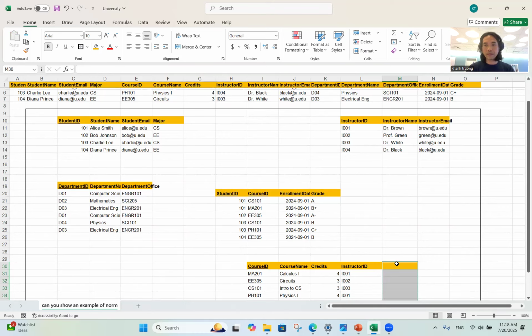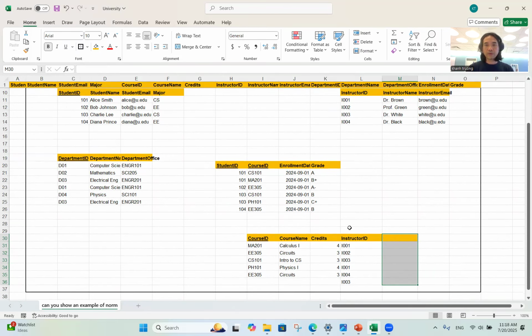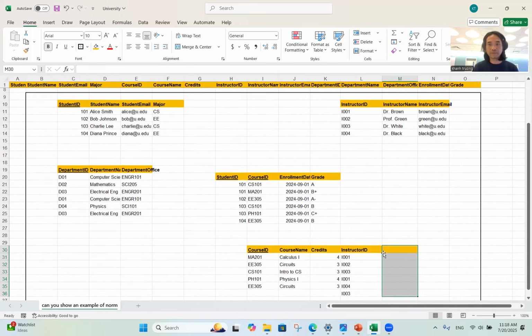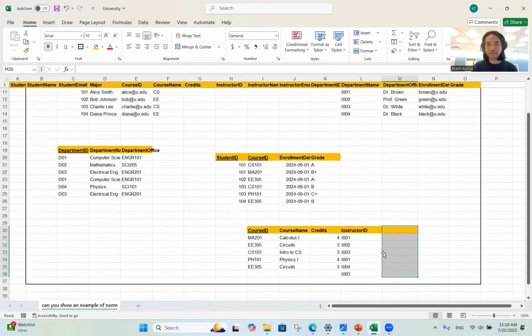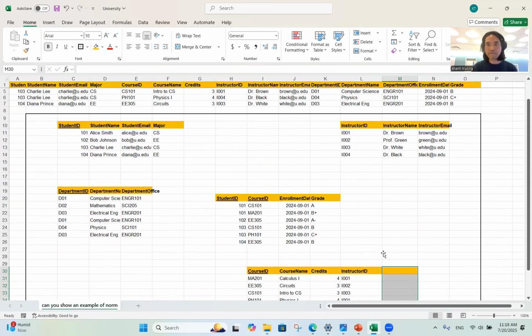Just delete that. Now this one right here, we don't have any non-key attribute. We don't have any column that is not a key and not directly related to the primary key, which is good. And then we're missing the department ID for this one here.